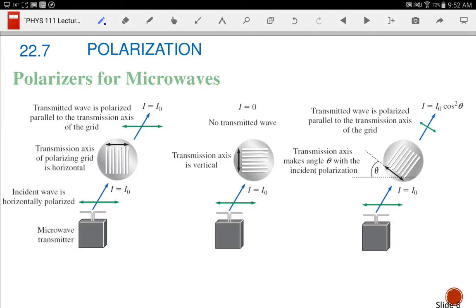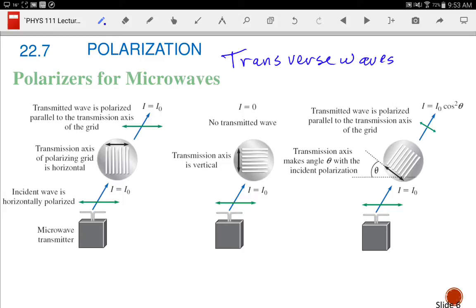It has to be transverse. It has to be a wave where the displacement is perpendicular to the velocity, because polarization has to do with the perpendicular direction from velocity that the waves are actually oscillating in. So this is a function of specifically transverse waves. Not any wave, but transverse waves.